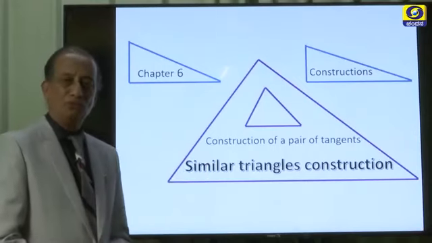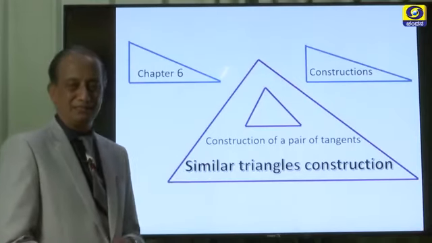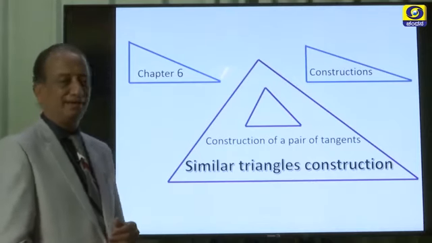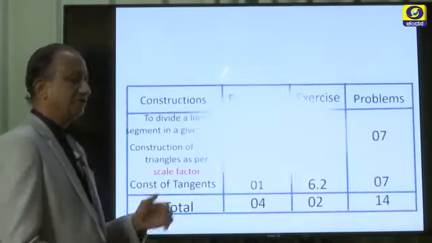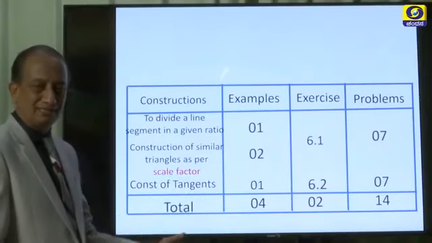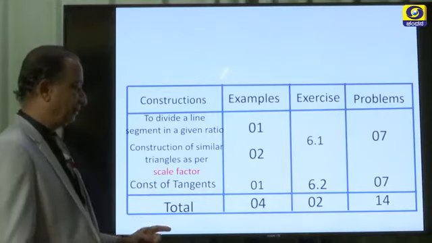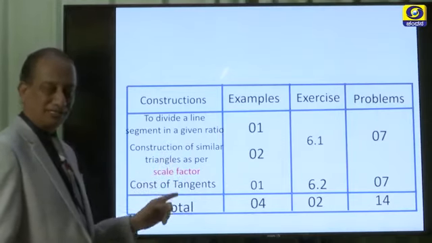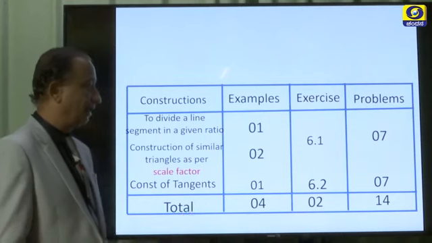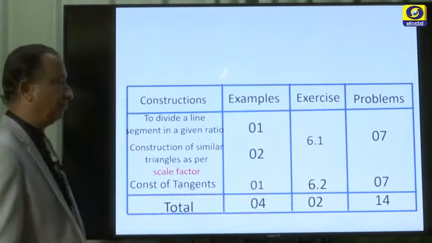Also we will try to understand how to construct a pair of tangents to a circle from an external point. So, here is a tabular column showing all the details, the statistics of the entire chapter. It has only 2 constructions with 4 worked examples and 14 problems.